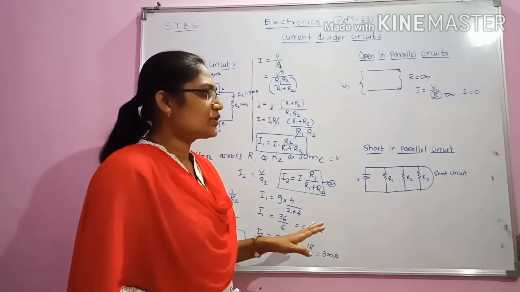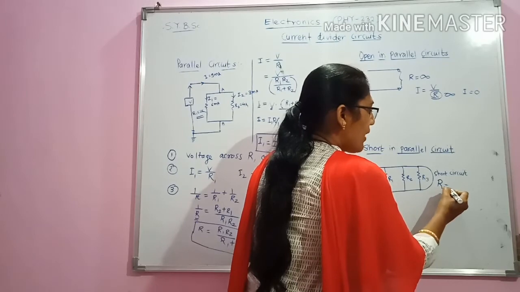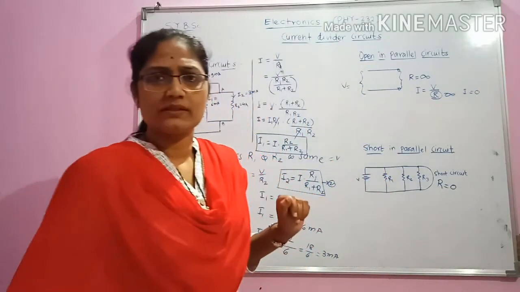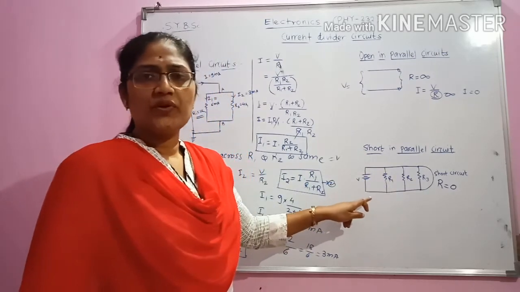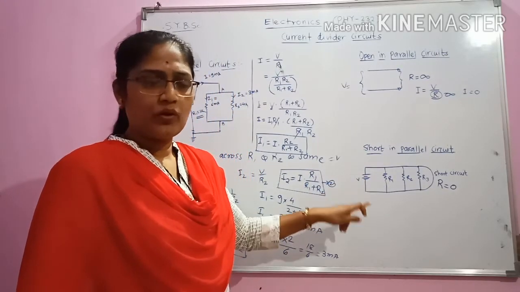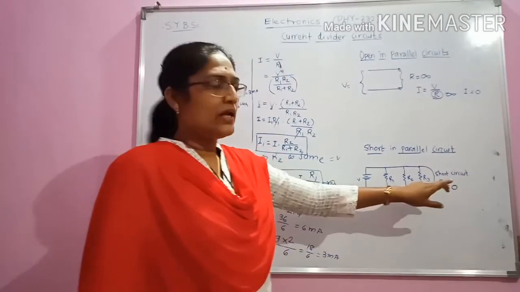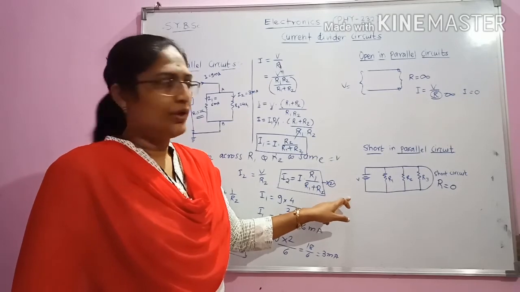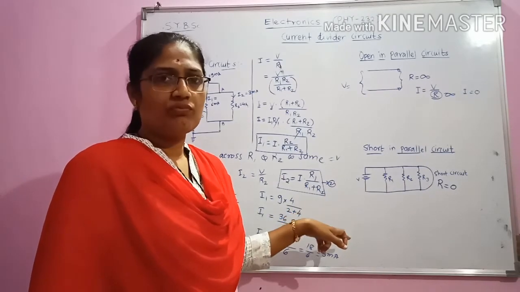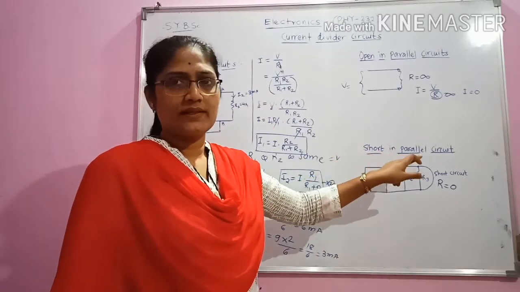And because of this short circuit, we know that a short circuit will have 0 value of resistance. And hence, through this circuit, no current will flow. And because of this, when the circuit is short circuited, not a single component gets damaged due to 0 value of current. This is the property of short in parallel circuit.